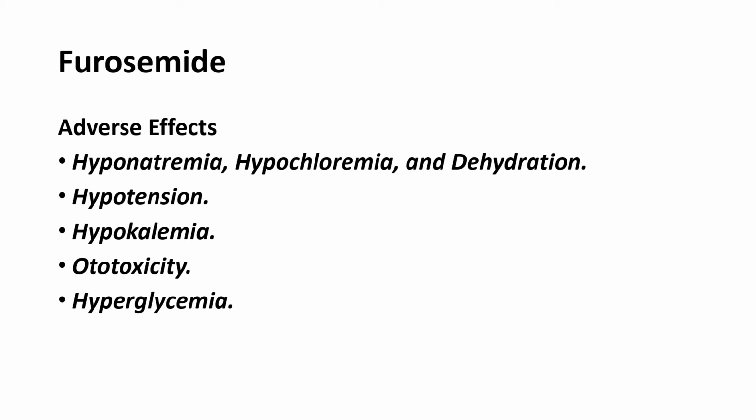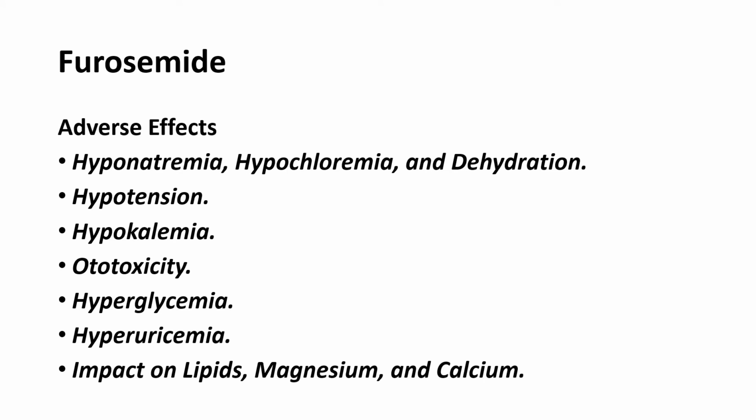Next will be the hyperglycemia. Elevation of plasma glucose is a potential, though uncommon, complication of furosemide therapy. It appears to result from inhibition of insulin release. Next will be hyperuricemia. Elevation of plasma uric acid is a frequent side effect of treatment. Furosemide-induced hyperuricemia is asymptomatic. And there is an impact on lipids, magnesium, and calcium.